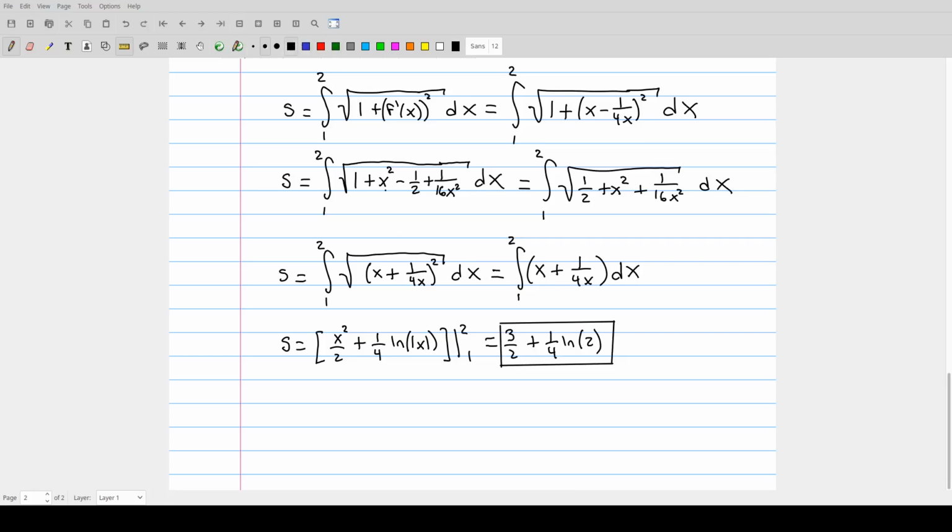And by the way, if you approximate this, it's an irrational number, but it's approximately equal to 1.6732.